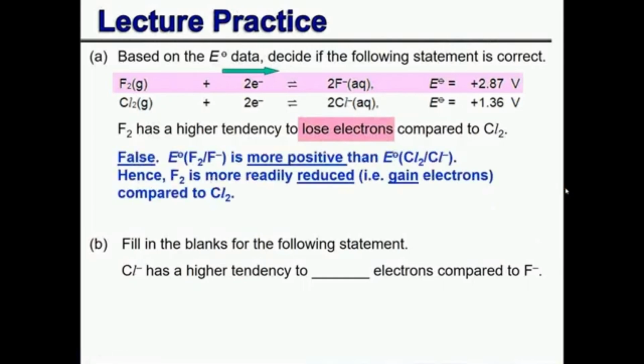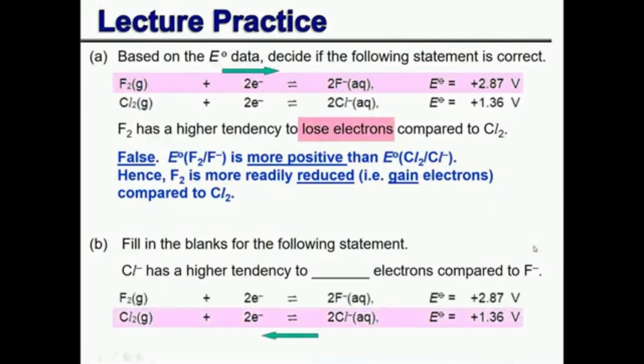Fluorine is readily reduced, gaining electrons compared to chlorine. Part B, looking at the E0 values, chloride has a higher tendency to be oxidized. Hence, it has a higher tendency to lose electrons compared to fluoride. Did you get it right?